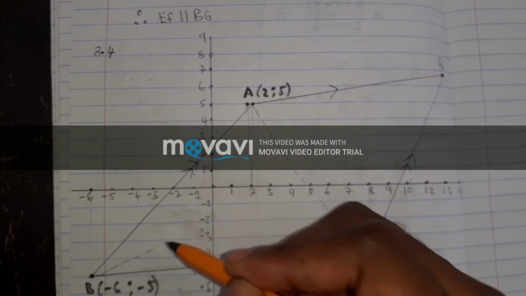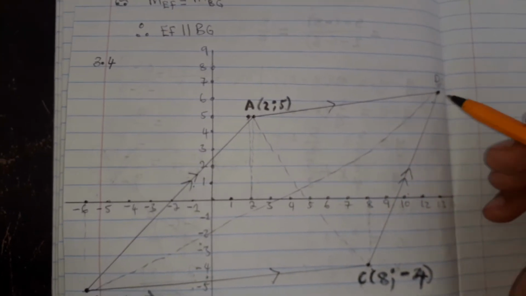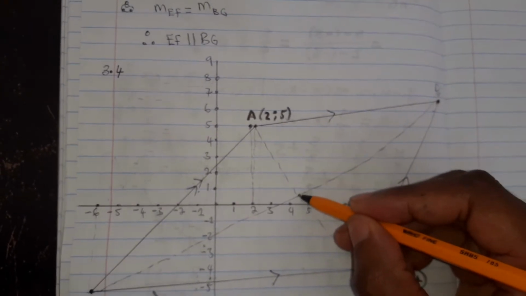And this diagonal connects B and D. They bisect each other.